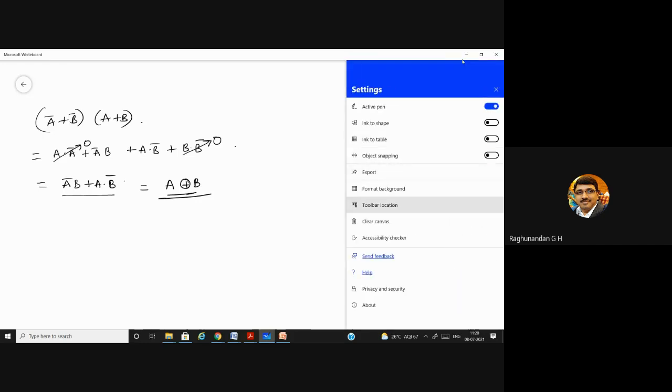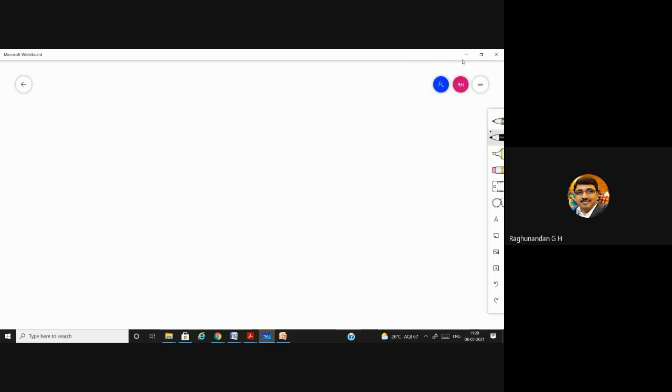Sometimes they will only give you the final result. For example, prove that A bar B C D bar plus B C D bar plus B C bar D bar plus B C bar D is equal to B into (D bar plus C bar). Here they have only given the end result.